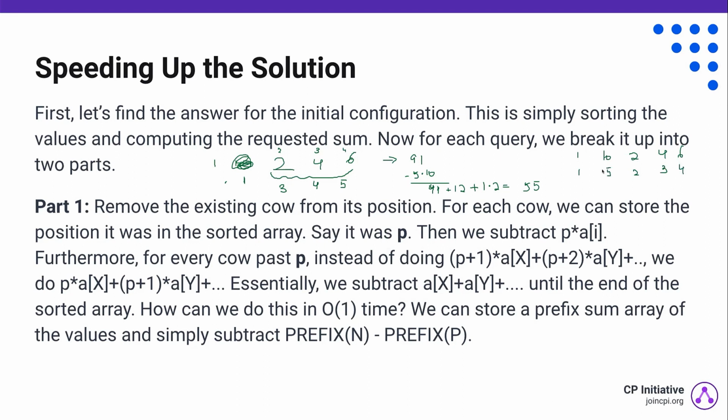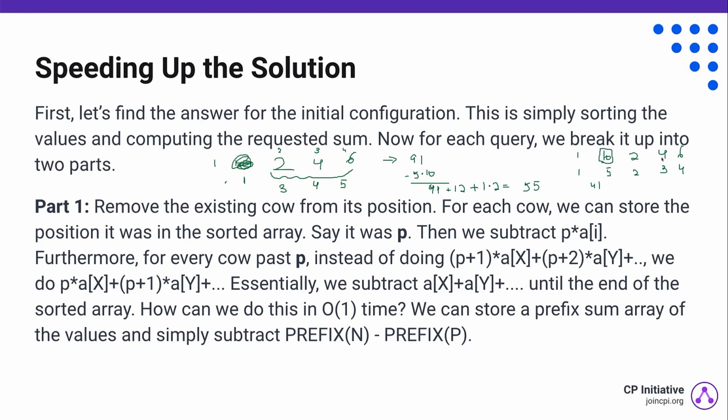So now we know how much each value actually contributes to the total sum. And when we're unhooking a certain cow, so let's say cow number 10, we're removing 50 units, so we'll get 41 left.